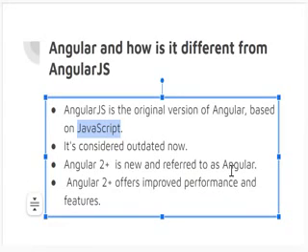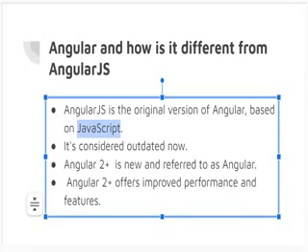Angular is based on TypeScript, as I said. That's the main difference: you have one based on JavaScript, one based on TypeScript. Of course, there are other improvements as well. There are other features that are added to Angular now. AngularJS didn't have those features, and also the performance is much improved.